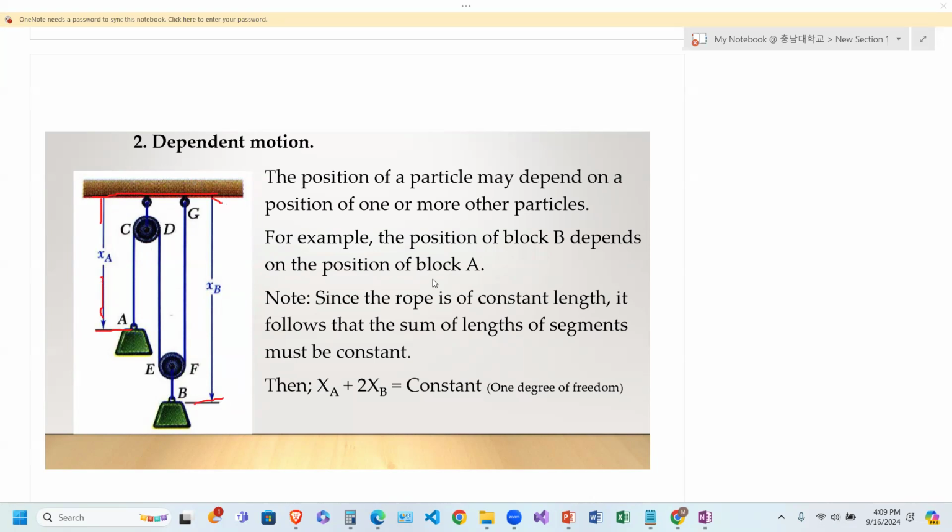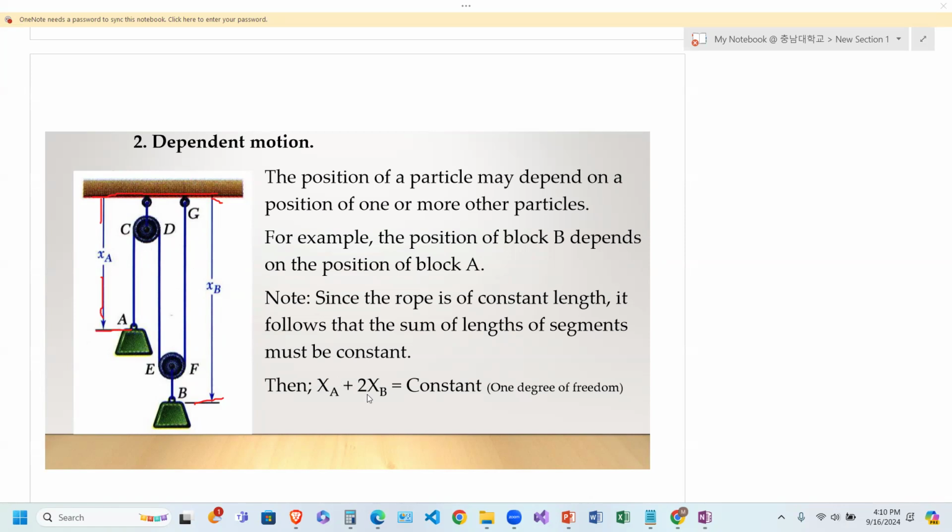Realize that if we have this distance, plus this one which is constant, plus another distance right here, plus this distance right here, this becomes twice, because there's this distance and there's a constant right here. So we have X_A plus twice X_B, because this distance is X_B, but also there's this distance, and also this distance.